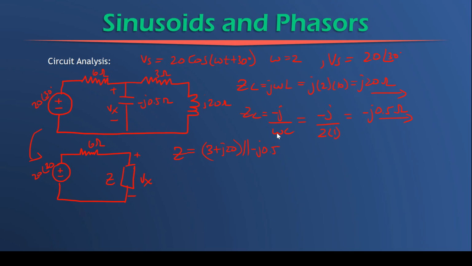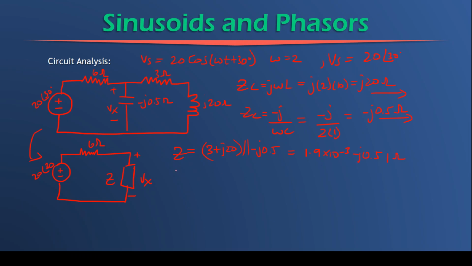Alright, so it's 3 plus 20i, which is in parallel with negative 0.5i, and this will give you a value, in rectangular form, of 1.9 times 10 to the negative 3 minus 0.51i ohms.